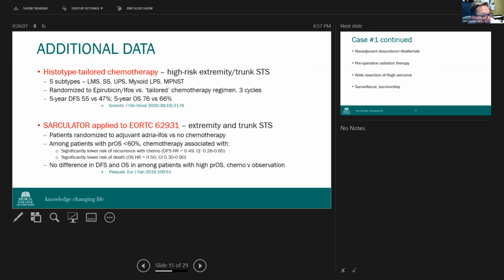What they found was that overall the epirubicin ifosfamide standard chemo is significantly better at lowering the risk of death than the other chemotherapy. So it's a randomized study. It's not compared to placebo, but compared to an active comparator in high-risk sarcomas, the standard chemo seems to be better.